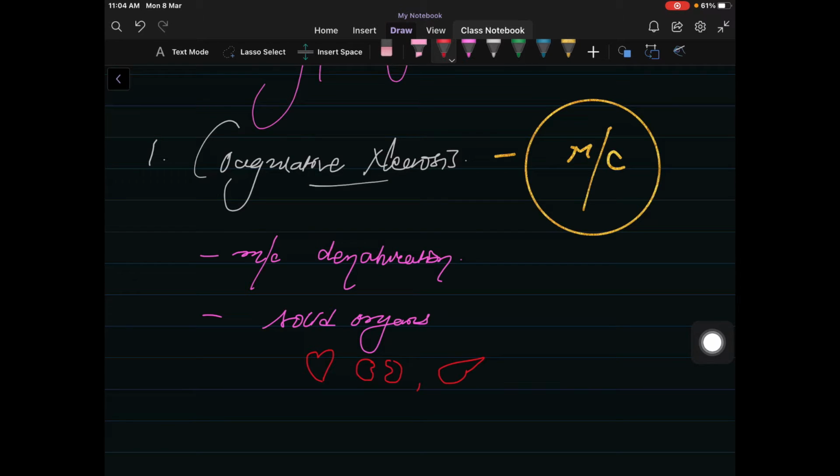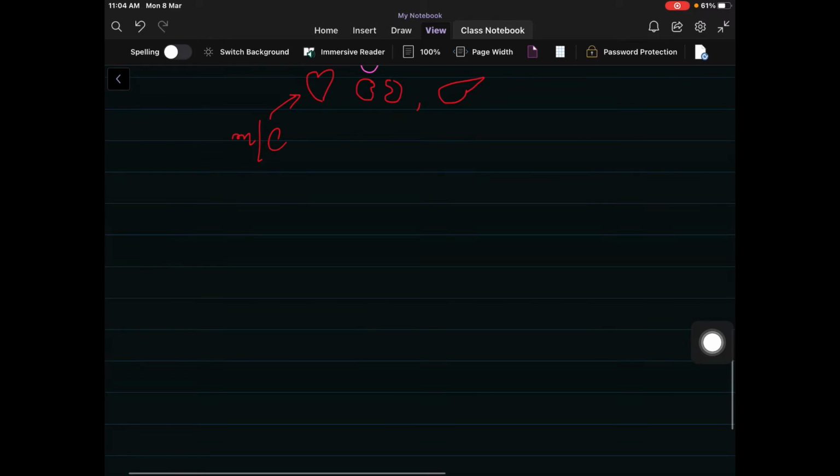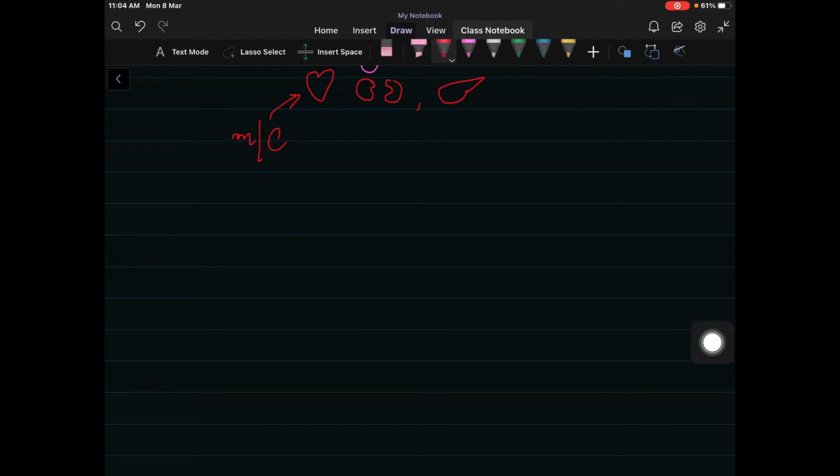I am drawing a small diagram of the organs so it is easy to remember for a long time. The most common organ for coagulative necrosis is the heart. The heart is the most common organ affected by the coagulative type of necrosis. A frequently asked question related to coagulative necrosis is that in the coagulative type of necrosis, the tissue architecture is preserved.